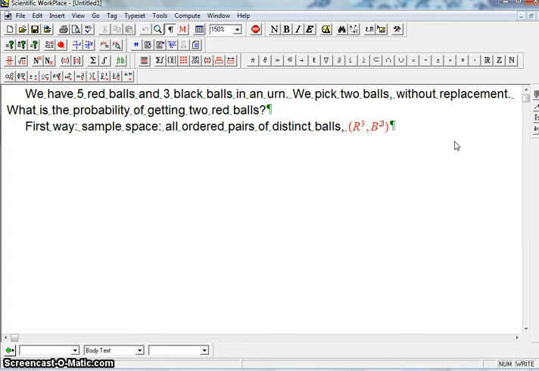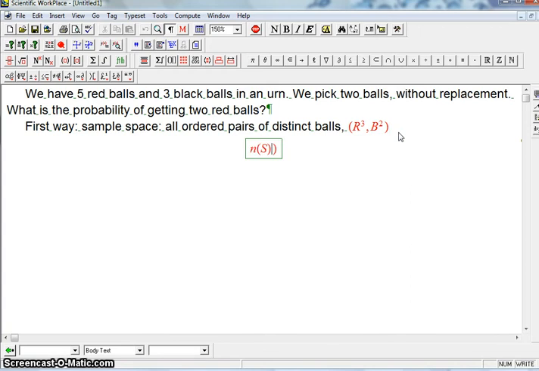So I'm denoting that there are 5 red balls, and I don't care about the difference, but there is a difference. Maybe we could actually put numbers 1 through 5 on the red balls and 1 through 3 on the black balls, and then this would be one particular way they could come out. Okay, so let's see how many there are going to be.